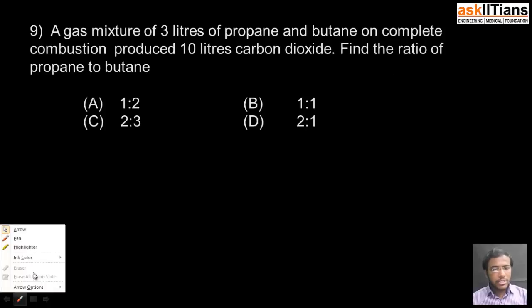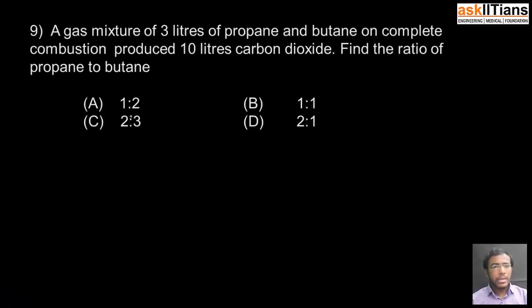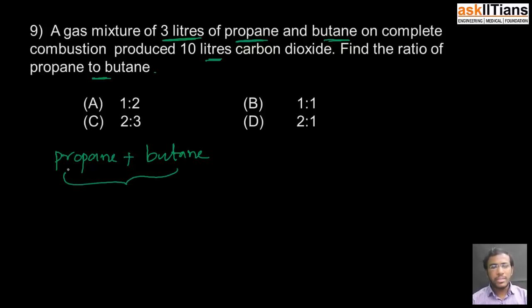A gas mixture of 3 liters of propane and butane on complete combustion produced 10 liters of carbon dioxide. Find the ratio of propane to butane. So here we have a propane plus butane mixture, and it is given that the total volume of this mixture is 3 liters.